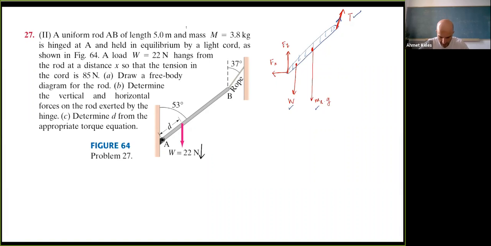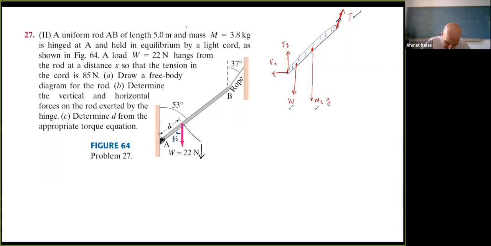Total torque. Okay, let me jump into that then. I'll calculate the torque with respect to here. How can I do this? Let's do this way. So this angle is 53. Then this angle is also 53.